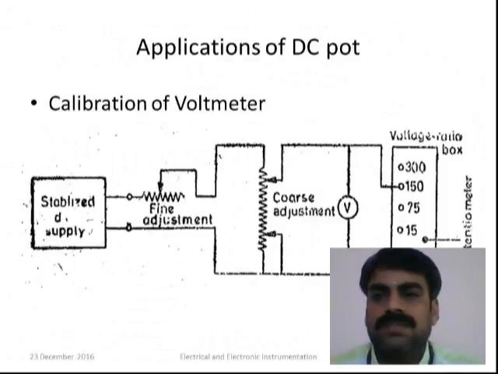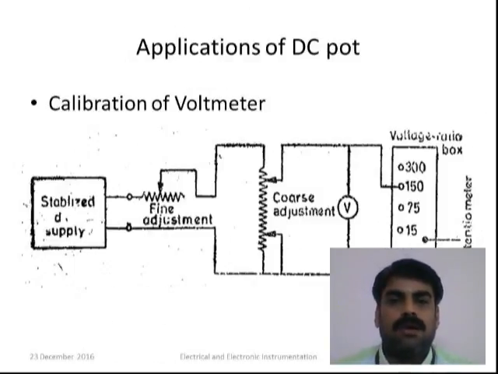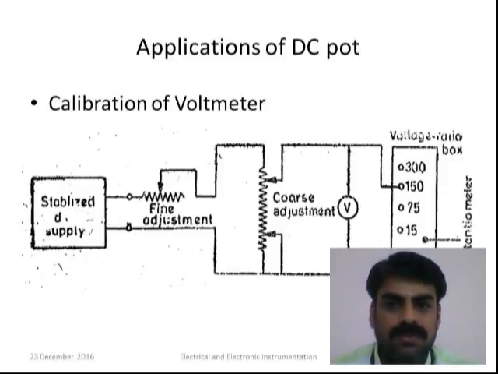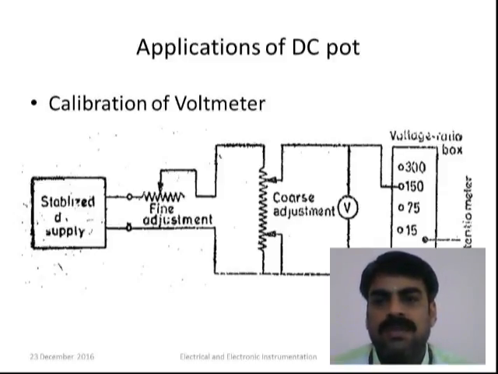Now let us see very common applications of the DC potentiometer. At the introduction level itself, I mentioned that primarily these are used to calibrate voltmeters, ammeters, and even sometimes can be used to measure unknown resistance. Let us see how the potentiometer can be used to calibrate a voltmeter.